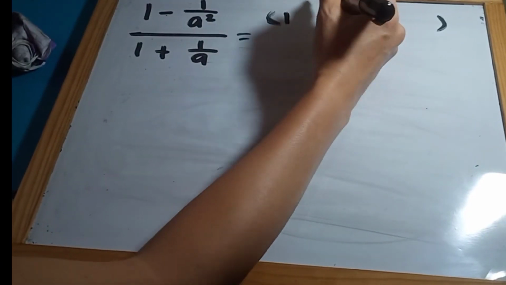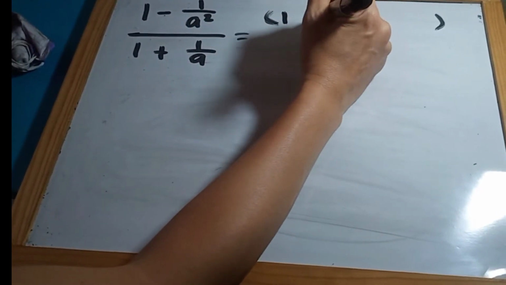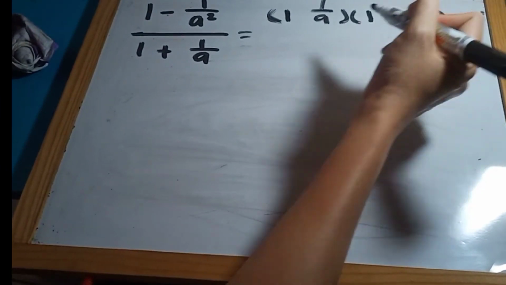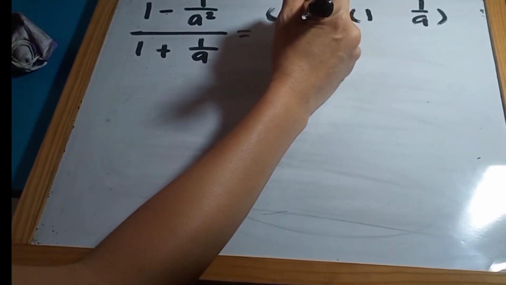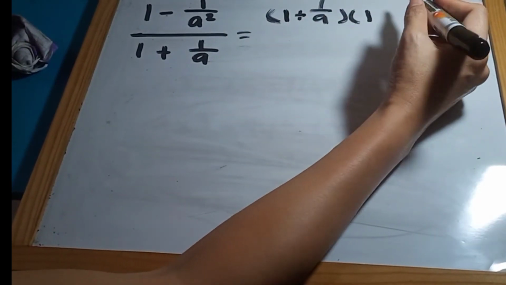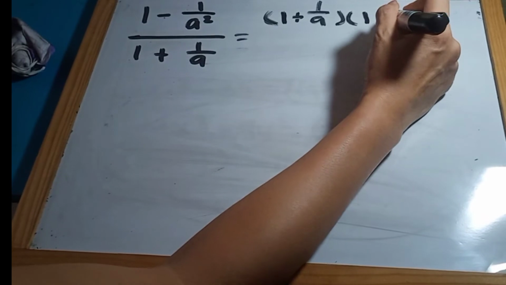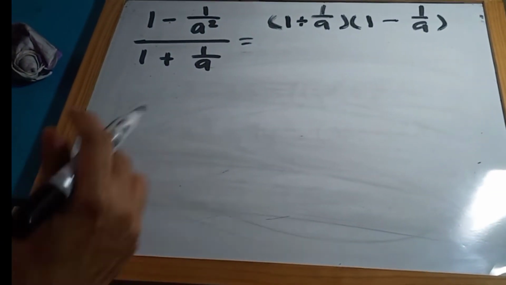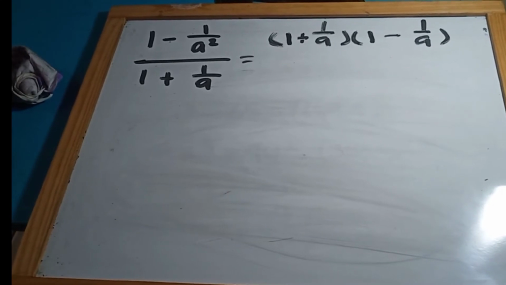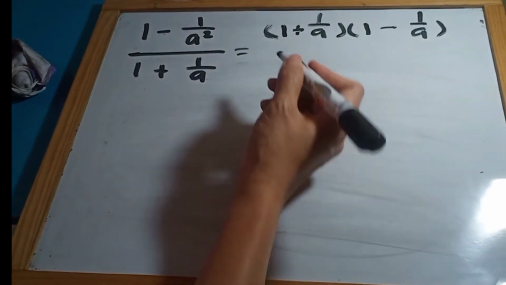Pagka in-square natin siya, so magiging 1 over a, and then we have 1 over a. So, ano yung kanilang sign? Sabi natin, product of the sum and difference, therefore plus and negative. So, this is now the factor of our numerator, 1 minus 1 over a squared.